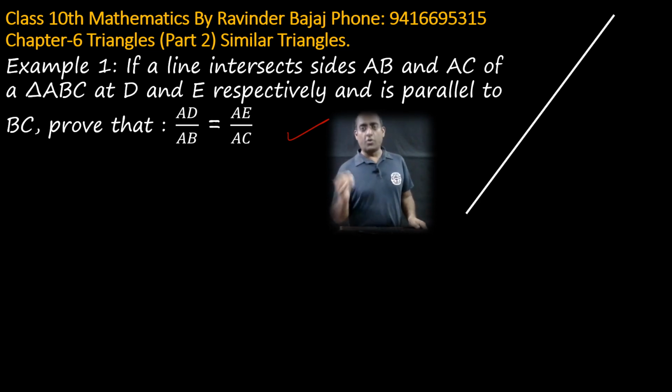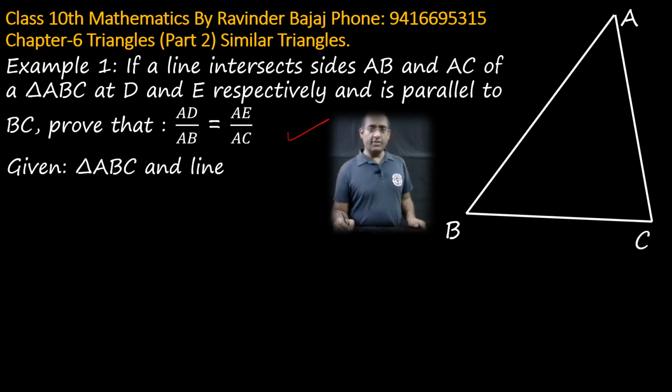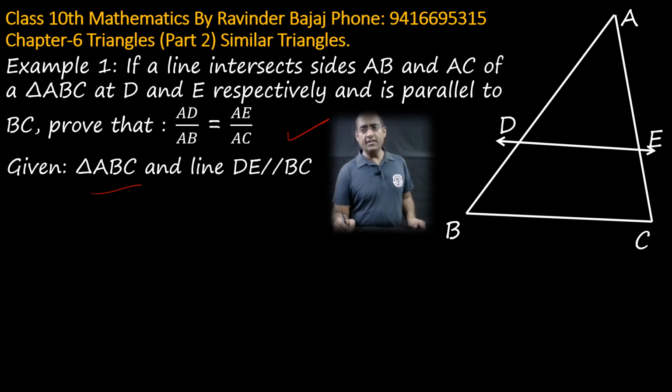So let me draw a figure for you. This is triangle ABC. Given triangle ABC and line DE, which is parallel to BC.